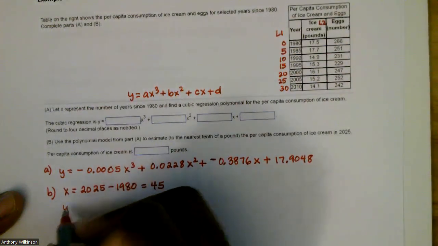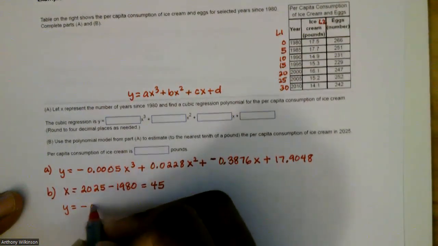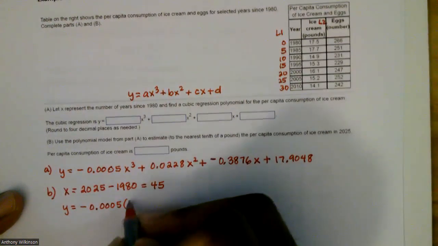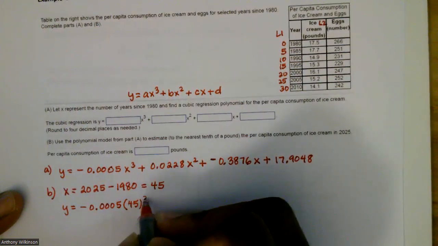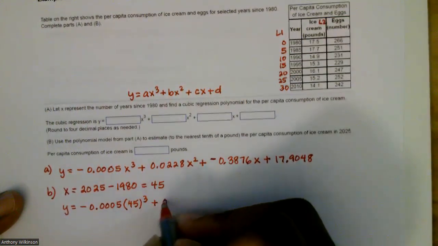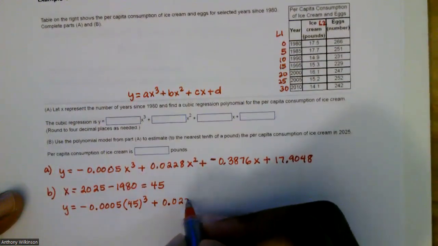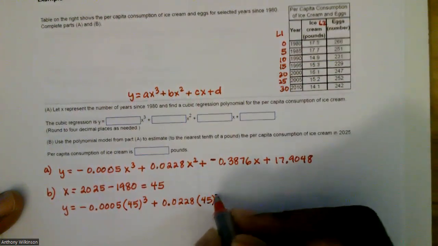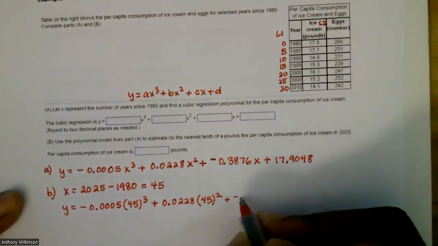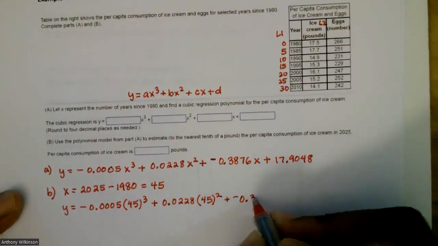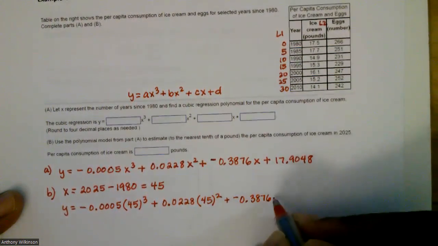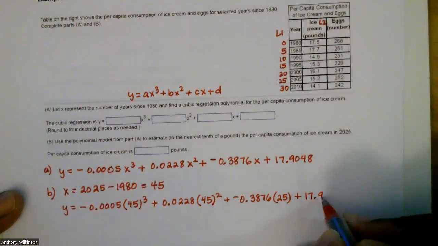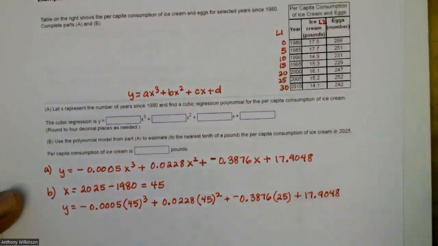So that means Y is going to be equal to this: negative 0.0005 times X, which is 45, and that's going to be cubed, plus 0.0228 times X, which is 45, squared, plus negative 0.3876 times 45, plus 17.9048.